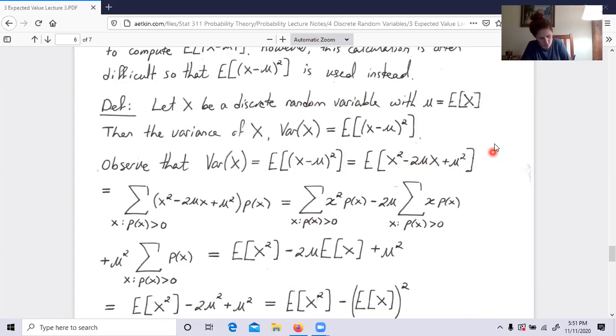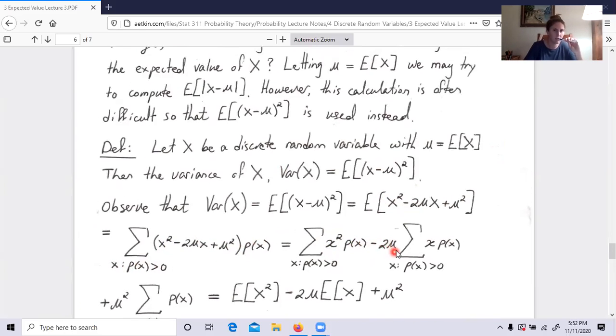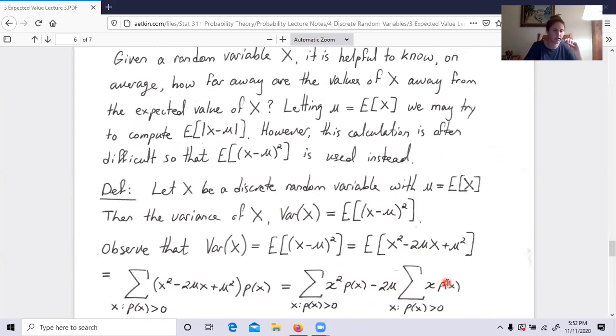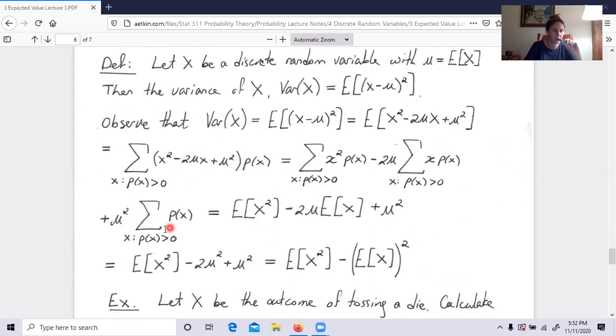And I can use the original distribution of x to calculate this expected value. I don't need to switch to the new process. So I have the summation over the x's for which the probabilities are positive. I can distribute the probabilities, and I see it's x squared times p of x minus 2 mu x times p of x plus mu squared times the probability here.